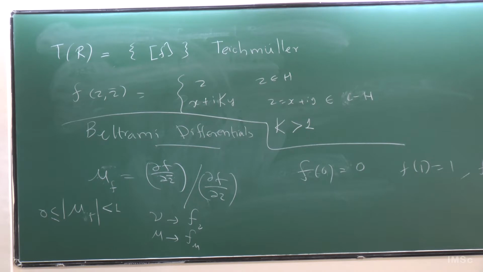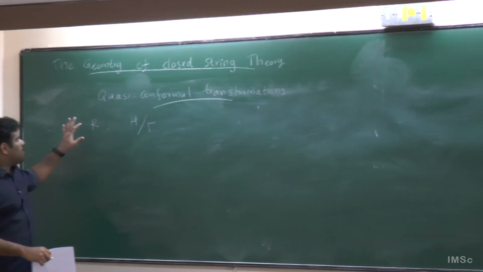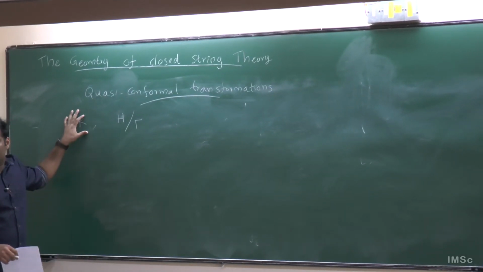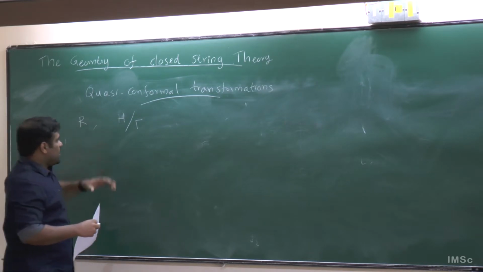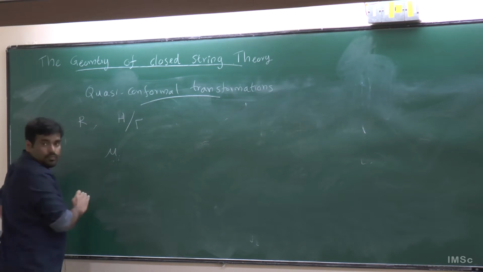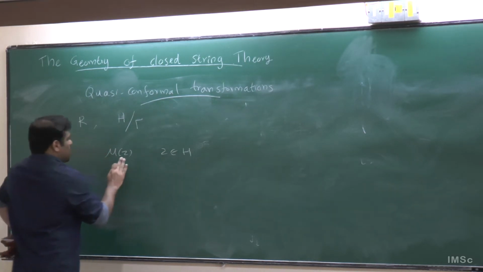So let's consider a Riemann surface R and assume that R can be obtained from the upper half plane by moding out with this group gamma, and the group gamma is called the Fuchsian model for the Riemann surface R. So assume that you have a quasi-conformal transformation on the upper half plane, mu of C, where C belongs to the upper half plane.